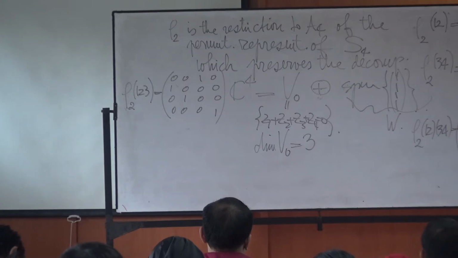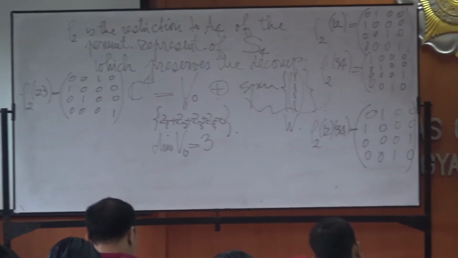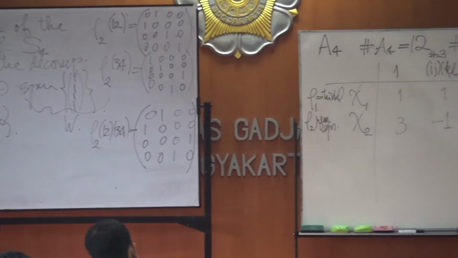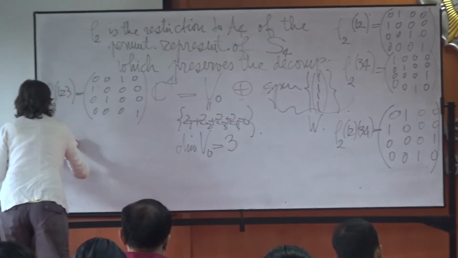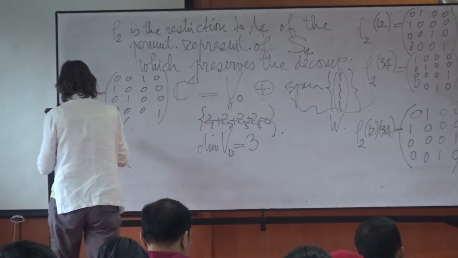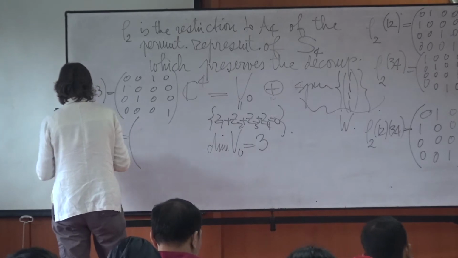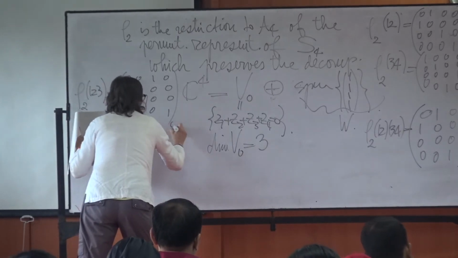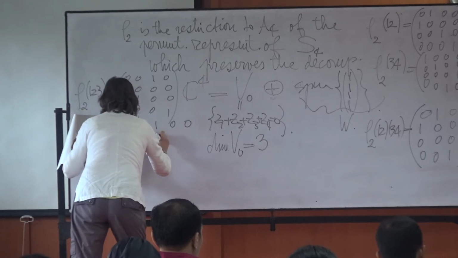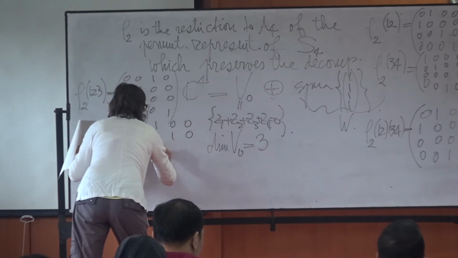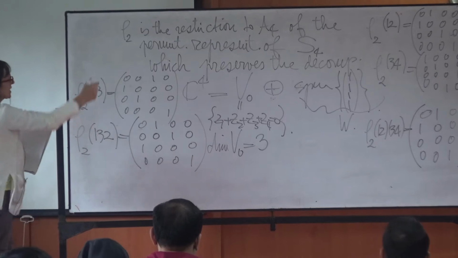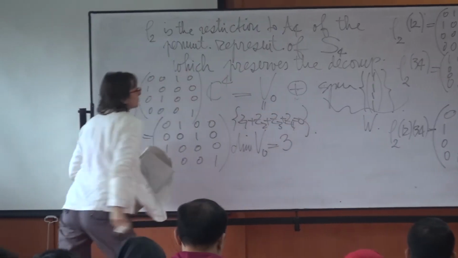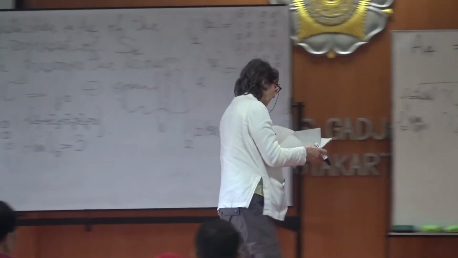And likewise on the other 3 cycles, with the same reasoning. The big matrix has trace 1. For instance, if I do (1 3 2), I get 0 1 0 0, 0 0 1 0, 1 0 0 0, 0 0 0 1. Again, the trace is 1. I have to remove the contribution that comes from W, and I get 0. So I get another 0 here.